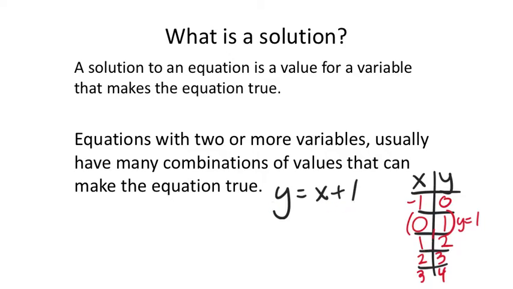So in Unit 1, when we were solving equations, we only found one value that would make the equation true. We did see some examples that had infinite solutions and no solutions as well, but for the most part, we had one solution. Now, since we're dealing with 2 or more variables like we did in Unit 2, we expect to see many different values, many different ordered pairs to use in order to find the ordered pairs that will make the graph.